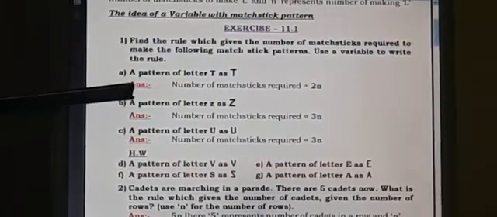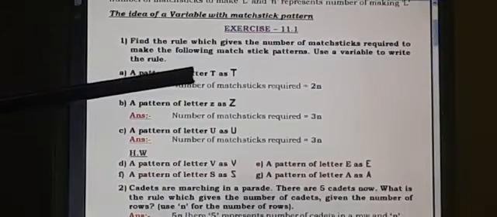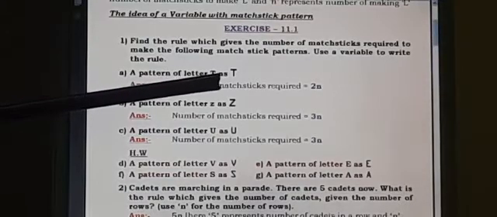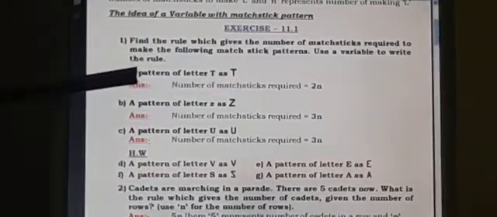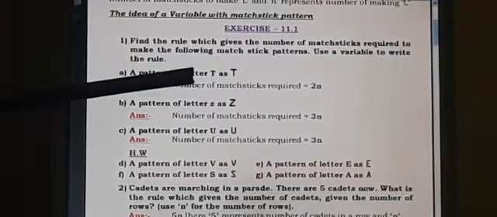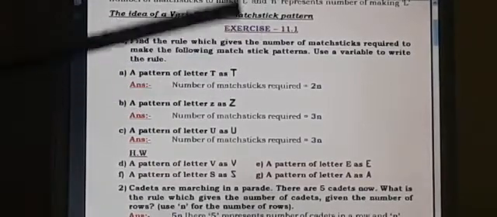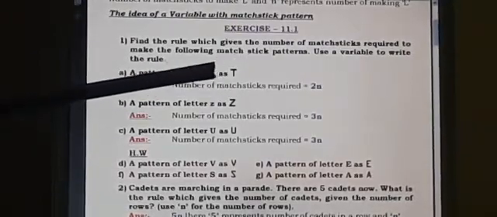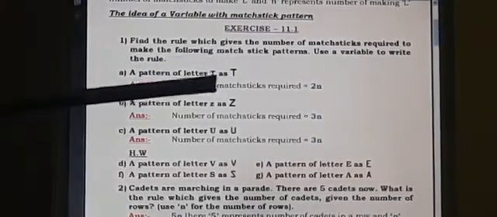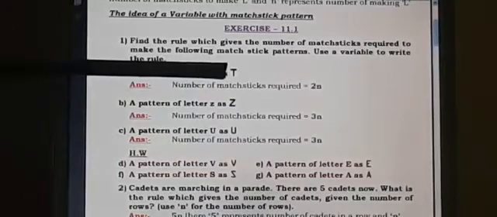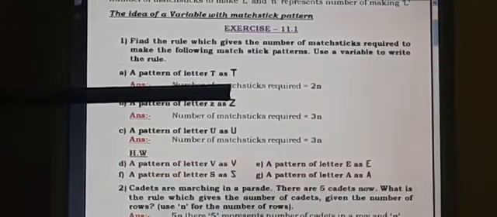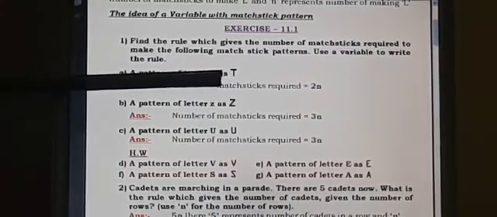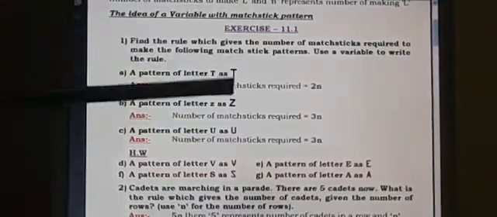See here, the question is a pattern of the letter T. For making a T, how many matchsticks do we need? On top one matchstick, and this vertical line one matchstick. So we need 2 matchsticks for making a T.